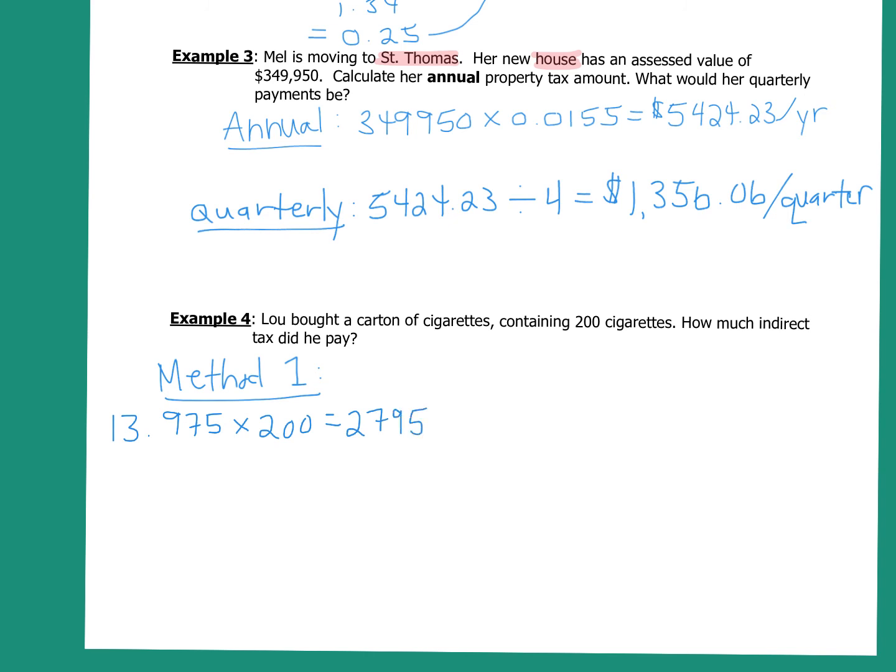So we're going to get that it's 2,795 cents. And again, generally we don't work in cents. We're going to change that to dollars, how we did above in one of our previous examples. So to change it, we divide it by 100 because there's 100 cents in a dollar. And we get that it's $27.95.